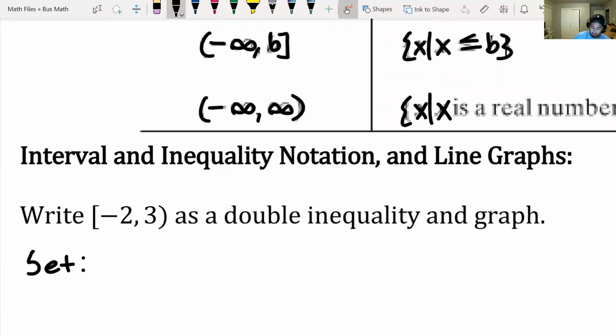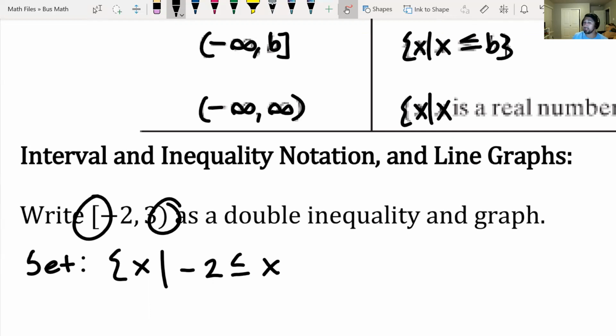So we're going to say for all values of x such that -2, and now here's where we follow the actual bracket and parentheses. Since there is a bracket on the -2, we're going to say -2 is less than or equal to x. And since there's a parentheses on 3, we're going to say x is less than 3. Close fancy brace. That's it. That's all you have to write.